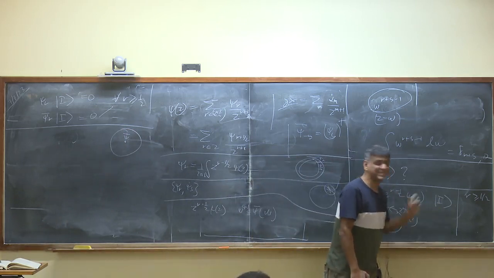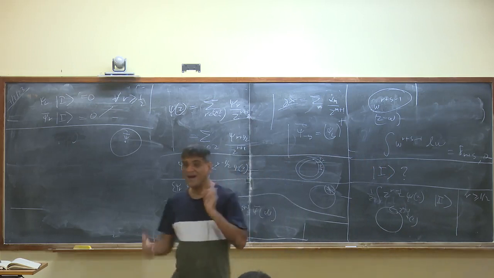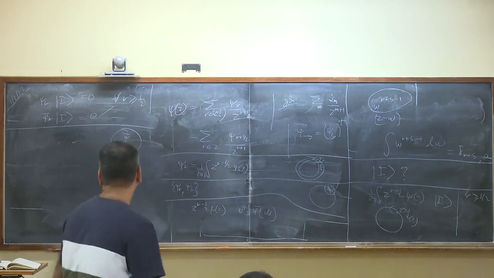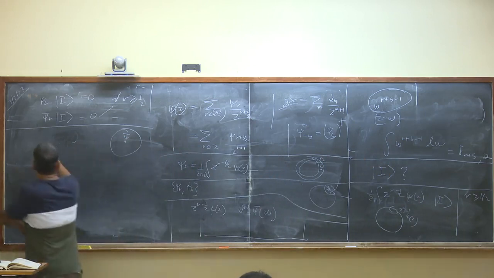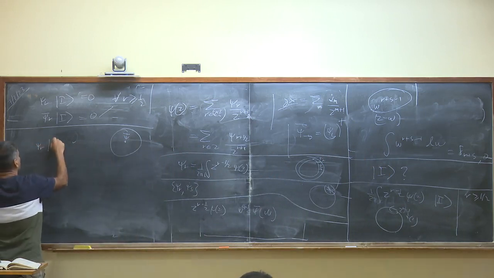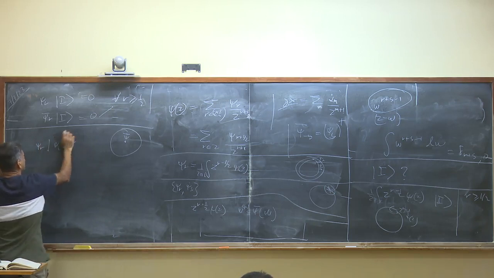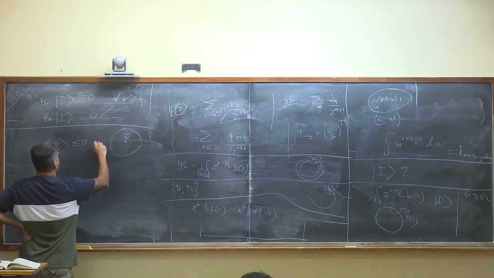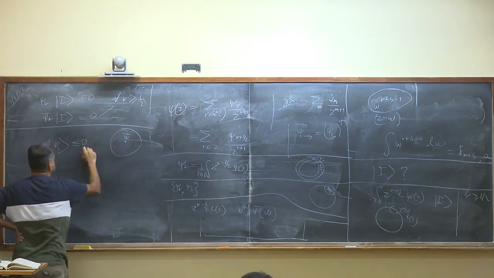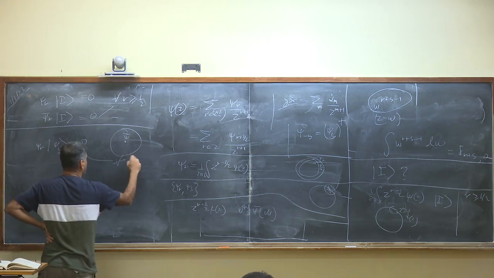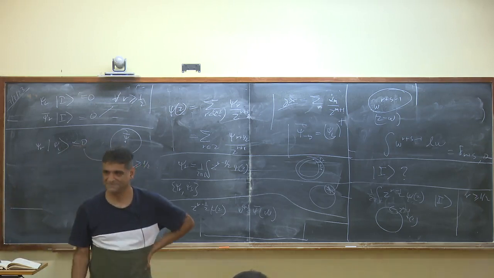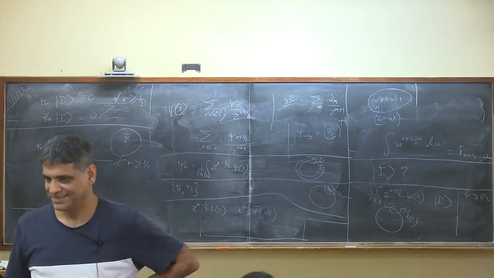Because psi with psi has no singularity in the OPE, once again we conclude that psi r acting on psi of 0 is equal to 0 for all r greater than or equal to half. That is clear.